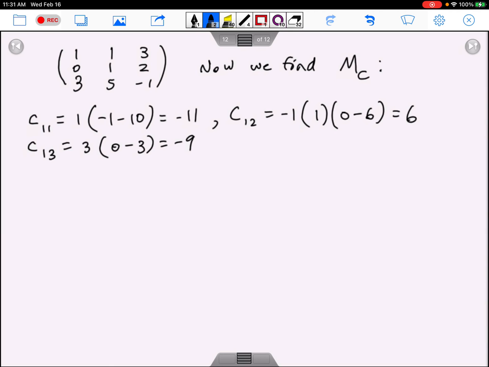Yeah, I made a mistake here. We should not be multiplying by the number. These are just the cofactors. So this should just be positive 1, right? Remember, it's just going to be a positive 1 or a negative 1, right? So let me be careful here. I misspoke earlier. So yeah, this should be negative 3.